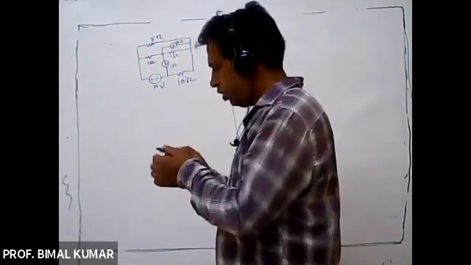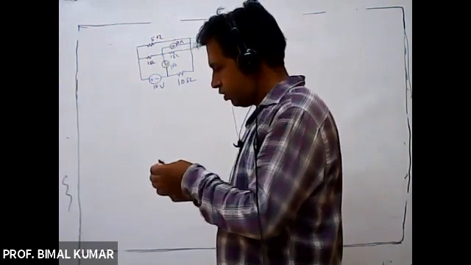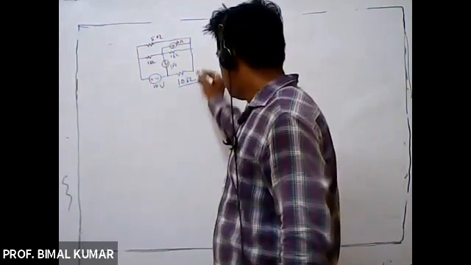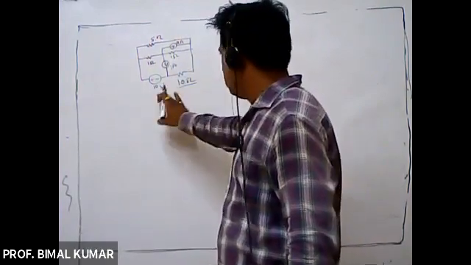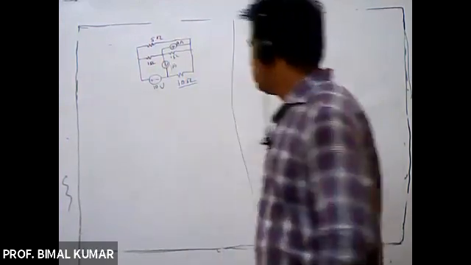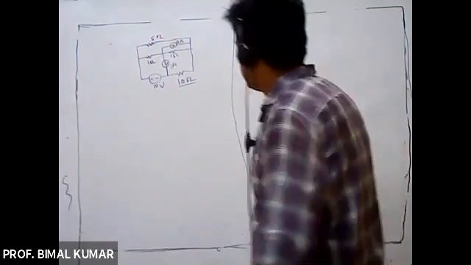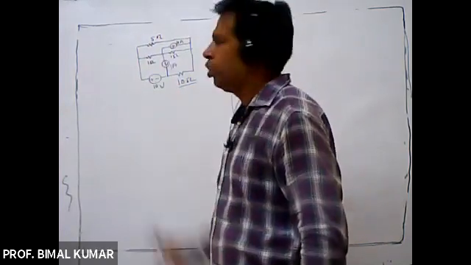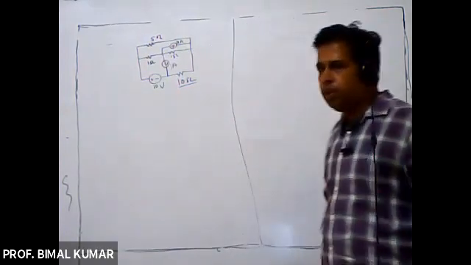So here, this is your 10 ohm resistance. If you see this circuit, there are three energy sources: two current sources and one voltage source.